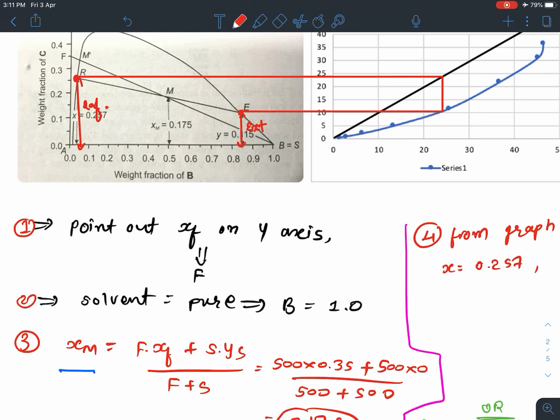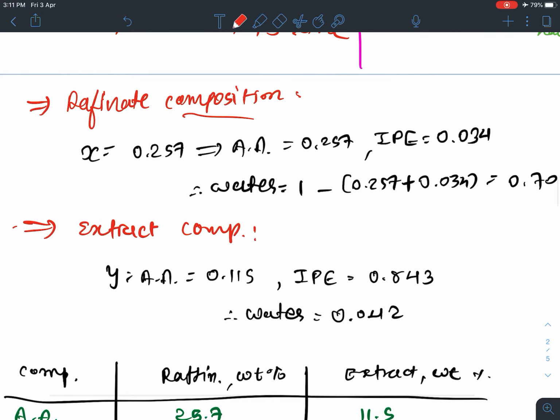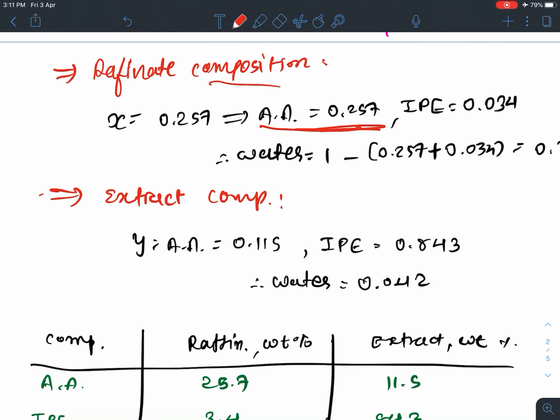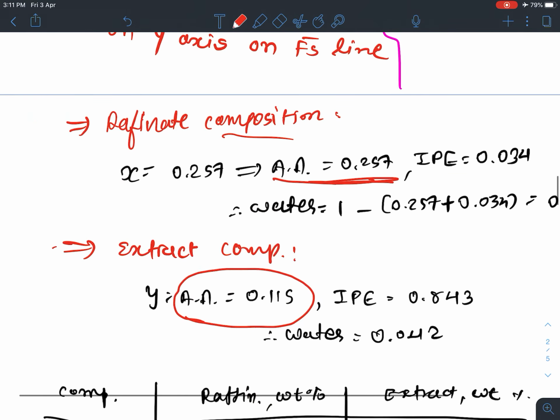So if we perform the liquid extraction in one stage, the amount of acetic acid that we have got, which I have written somewhere around here, is 0.257 in the raffinate, and in the extract phase we have got 0.115. This is how we can come to know the final composition of solute in the raffinate phase as well as in the extract phase.